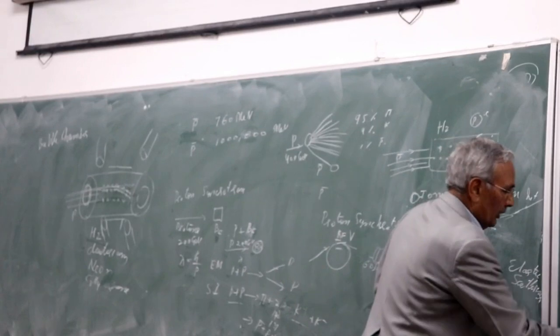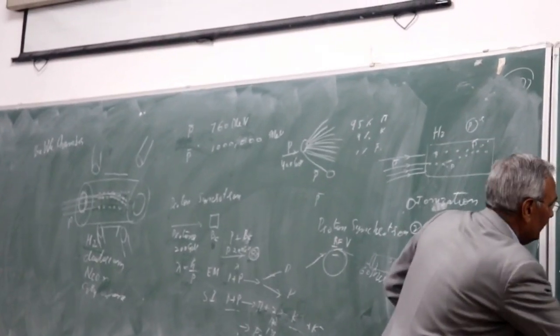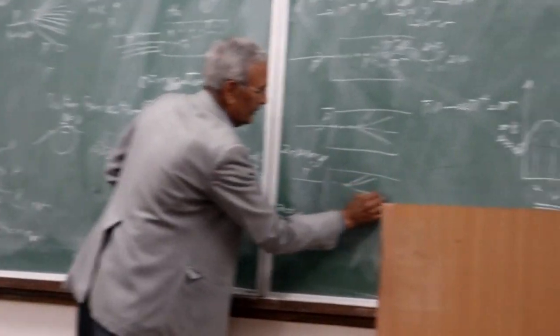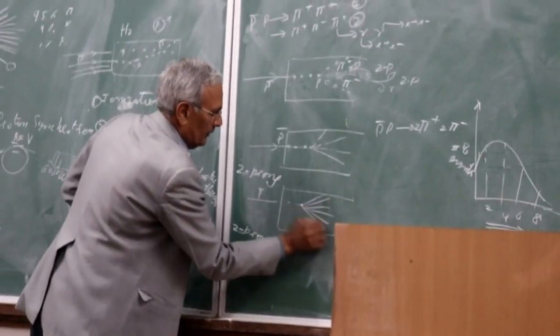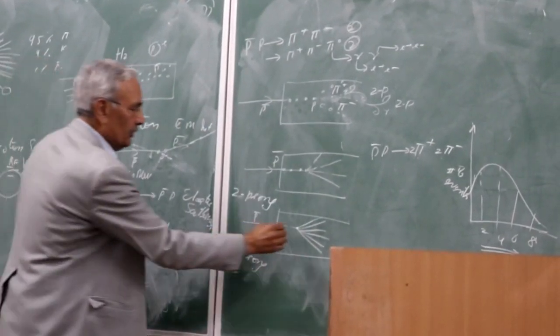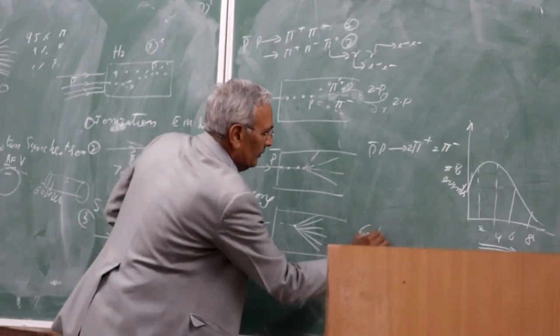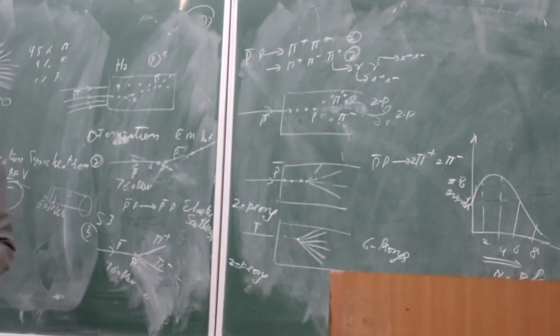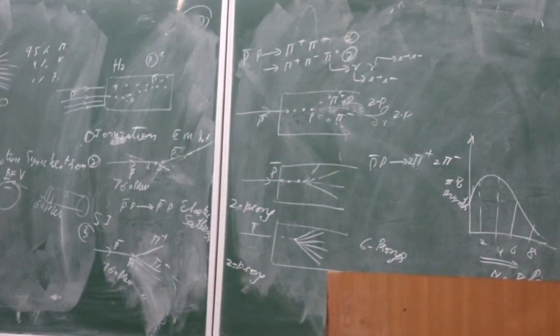So another possibility that you can have is the antiproton interacting with the proton and giving you the 6. That is your 6 prong. So what will you be counting?